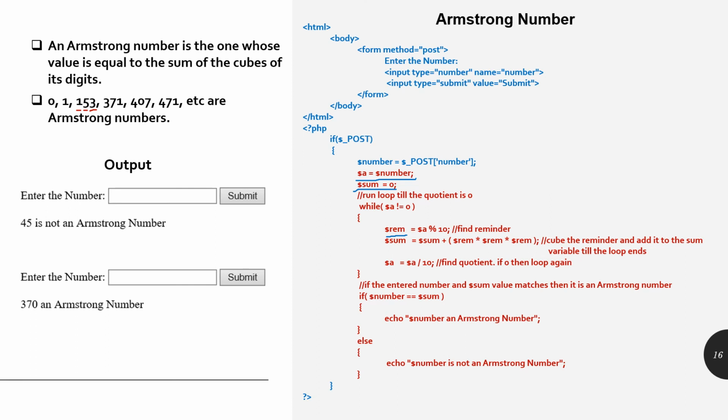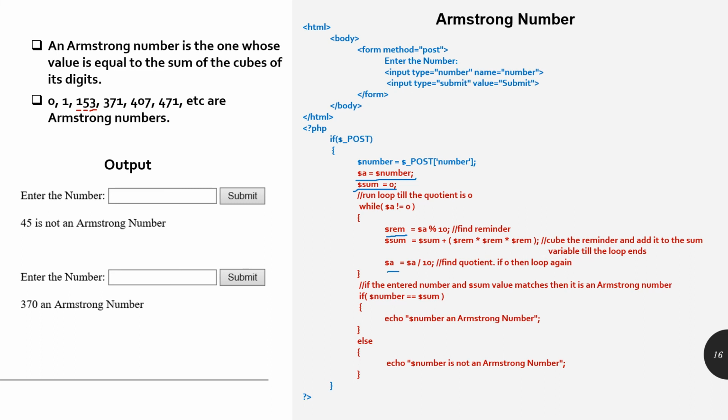Now the number should be modified. So you take it divided by 10, integer only, so the quotient only will remain. Divided by 10 as an integer, it will be changed to 15. The number will be modified to 15.